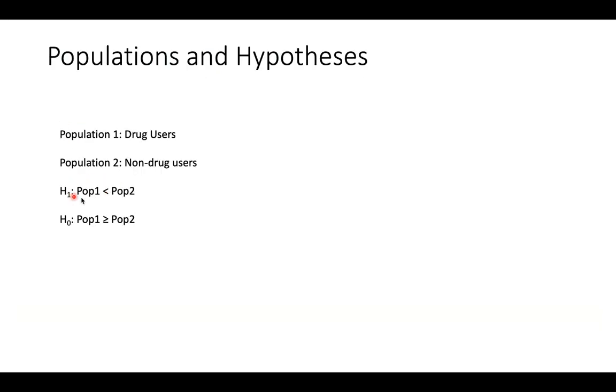So, is our population of drug users going to have a lower, less than, memory score than non-drug users? The null is just everything else, that they are greater than or equal to. Make the inequalities mutually exclusive.